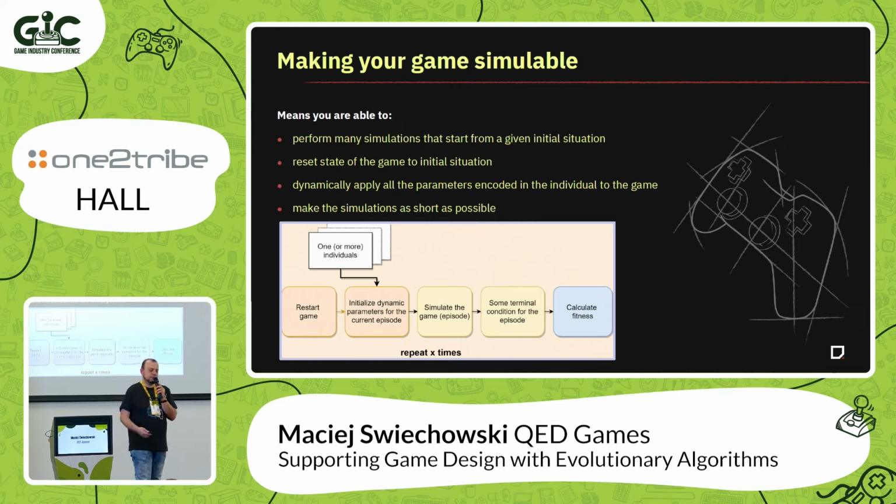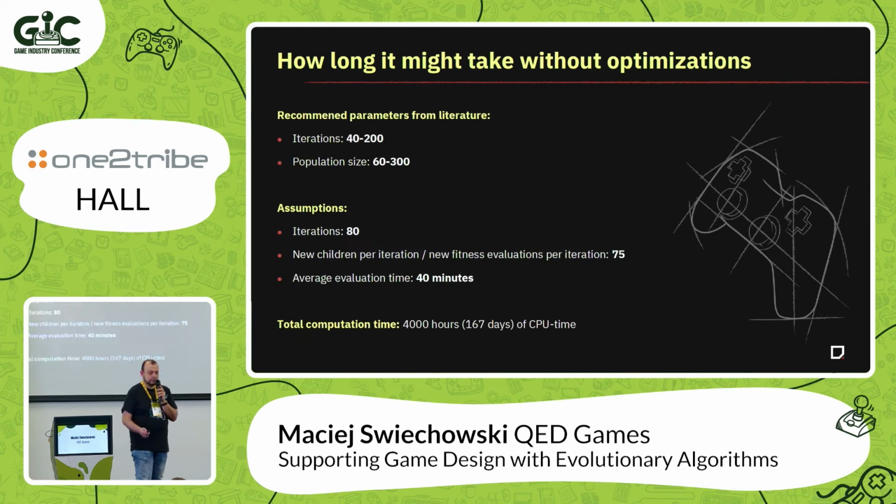So we also need a mechanism to reset the state of the game to some initial situation, and apply the new set of parameters. And in order for this to be feasible, it needs to be fast. This simulation part needs to be fast.